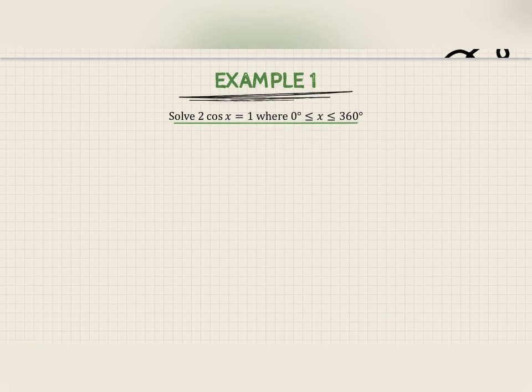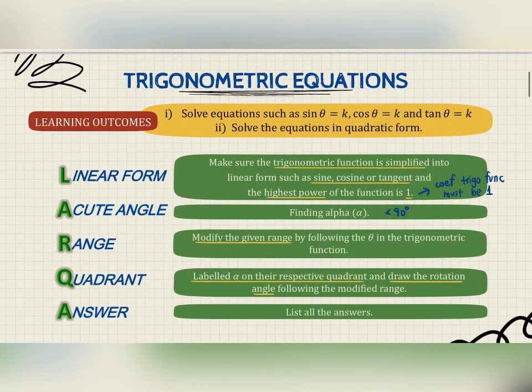Okay, kita pergi pada basic dahululah. Solve 2 cos x equals to 1 where x is between 0 and 360. Okay, so 2 cos x equals to 1. So kita akan follow step larka tadi. So start dengan L. Okay, L tadi syarat dia adalah, the highest power must be 1 dan coefficient of the trigo must be 1.